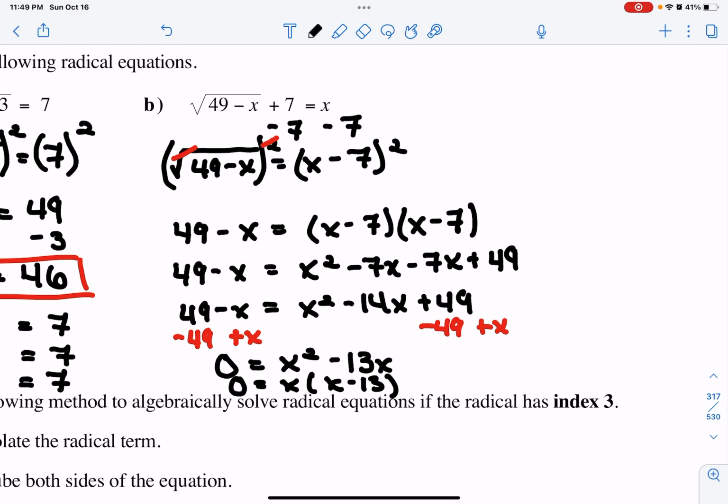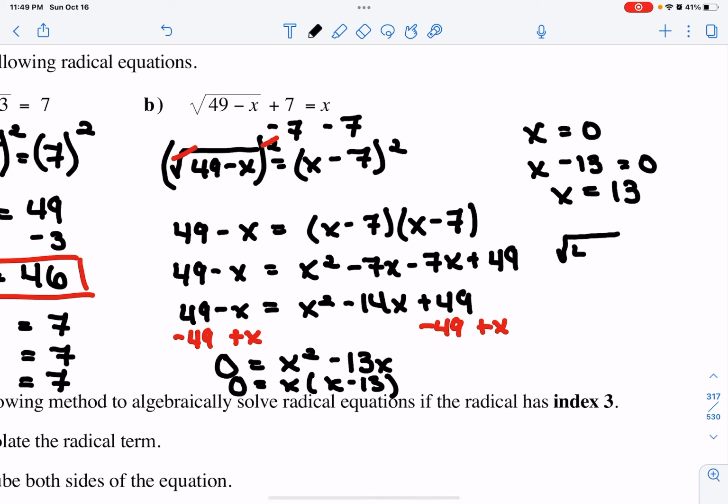So I have x equals 0, and then x minus 13 is equal to 0, x is equal to 13. So those are our two possible solutions here. We need to confirm them. If I plug in a 0, well, the square root of 49 minus 0 plus 7 equals, what is the x value? 0.